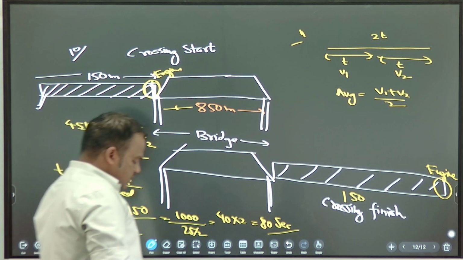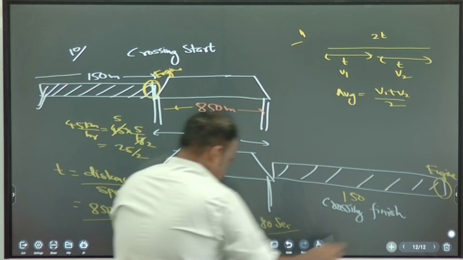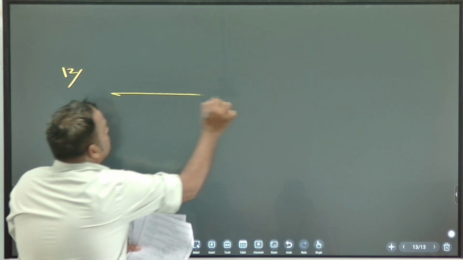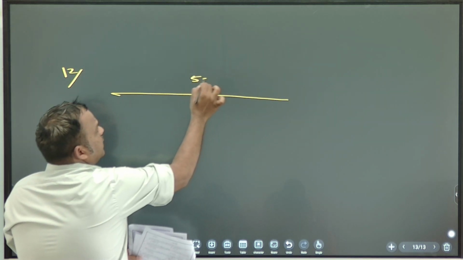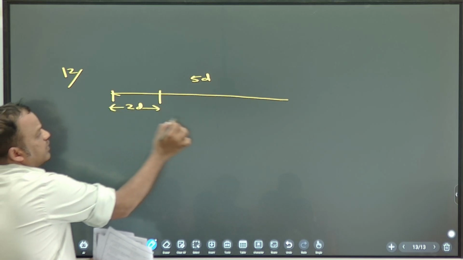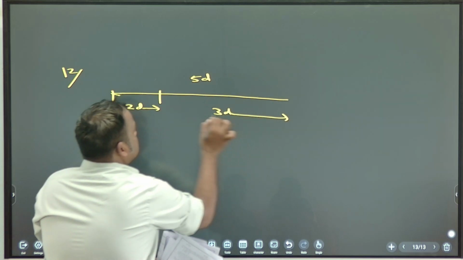12th, you see the 12th question. A car covers 2/5 of total distance with V1. Total distance is 5D, so what is 2/5? 2D, and remaining distance 3D.